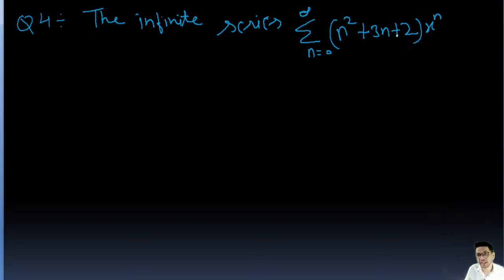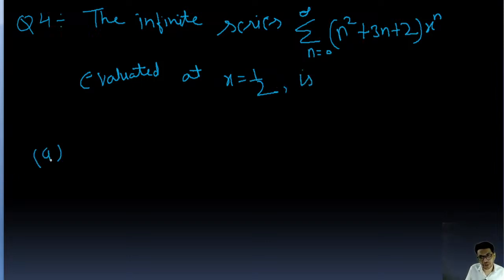So the infinite series, this evaluated at x equal to half is, options are option A, that is 16, option B, that is 32, option C, that is 8, and option D, that is 24.